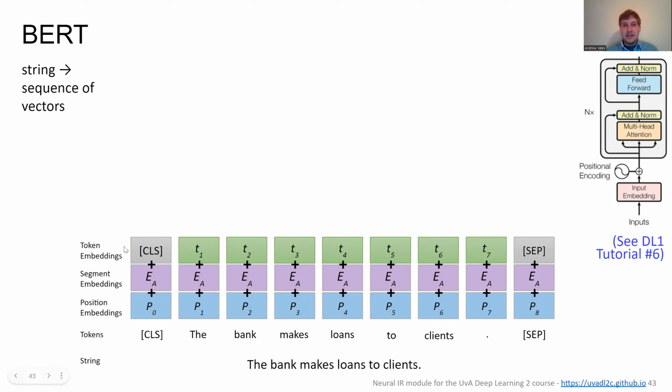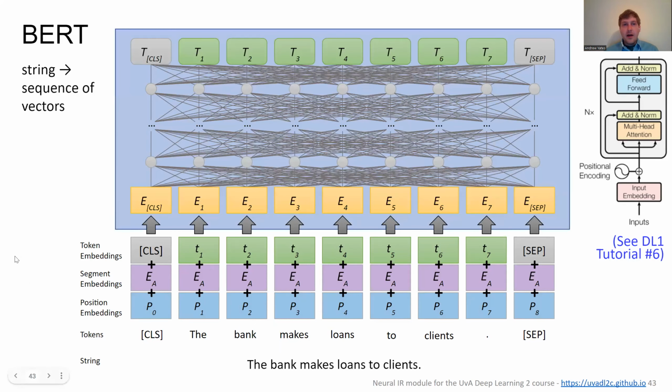Given these input embeddings, the summation of these, we now have BERT, which is a series of transformer layers. So BERT base, which is typically the most commonly used BERT variant, consists of 12 transformer layers. It has a vector size of 768. I believe the hidden size in this transformer encoder is 2048.